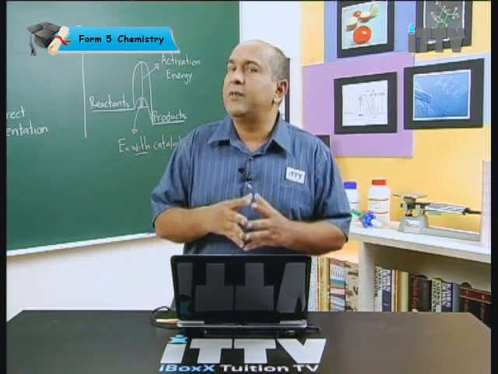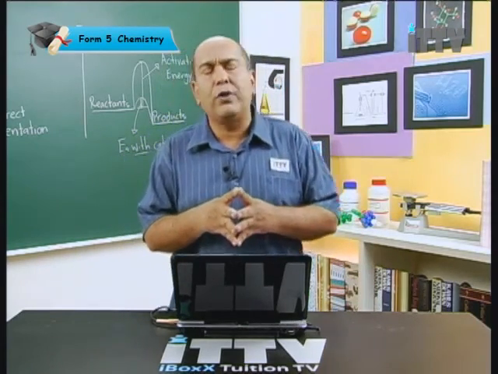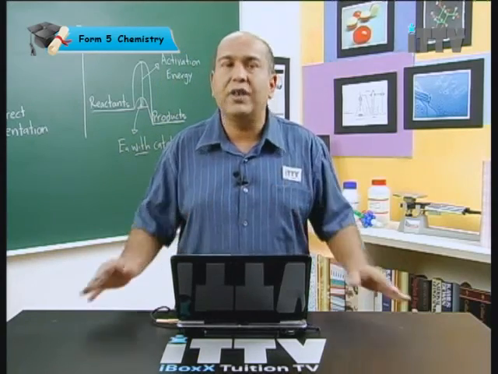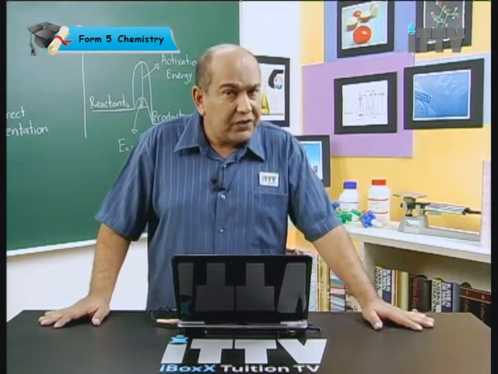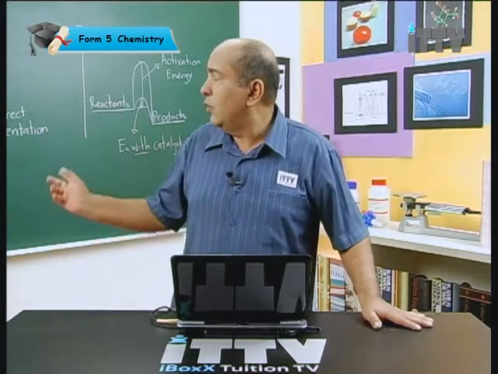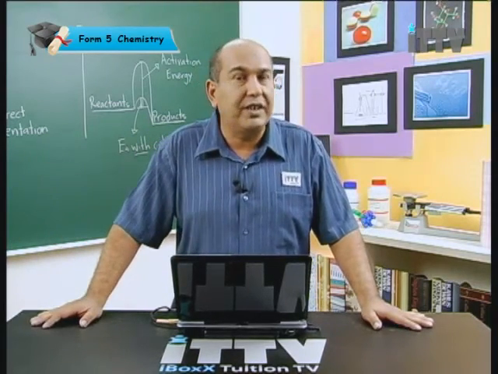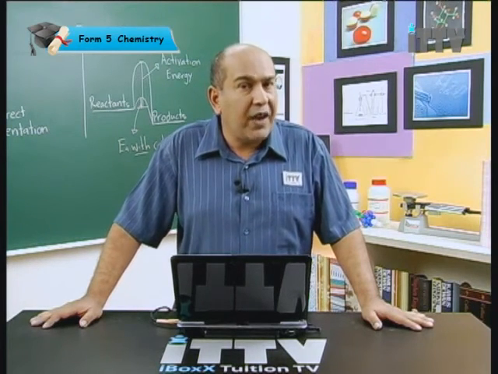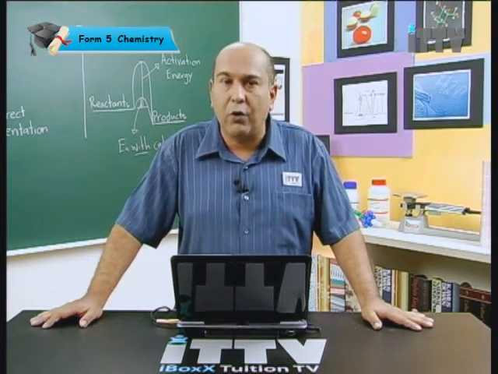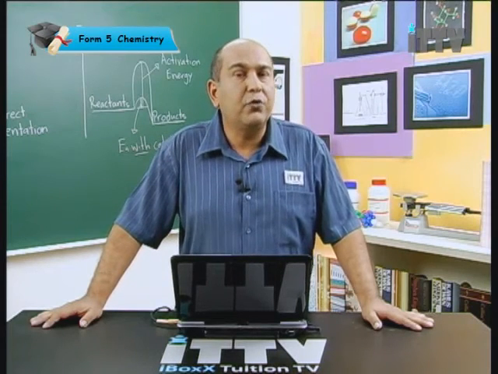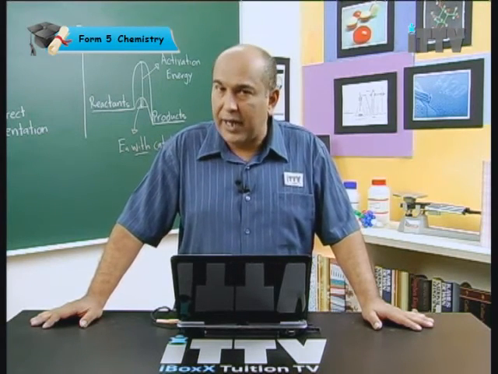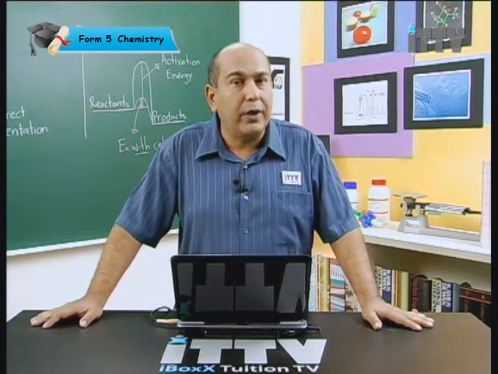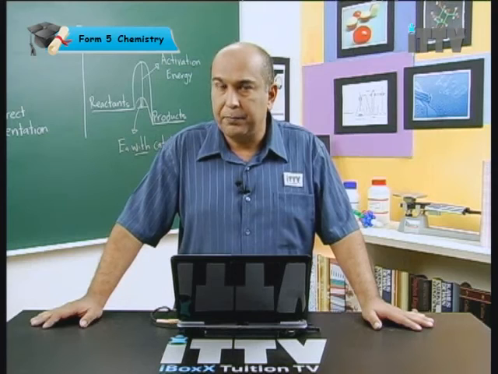Now, finally, what's important is that you understand or recall some of the reactions that contain or use catalysts. The first one, the most important one, was the one we looked at earlier, which was the decomposition of hydrogen peroxide. Another very important reaction that you need to recall that uses a catalyst is when we use a metal that is reactive, like for instance zinc, and react it with hydrochloric acid.